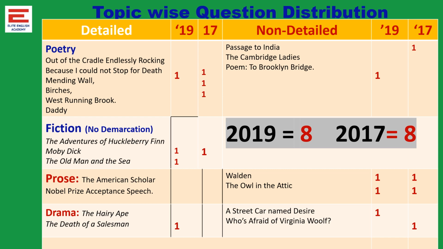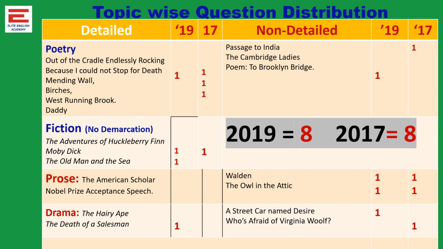In drama, in 2019, there is one question in detail from Death of a Salesman, and in non-detail, A Streetcar Named Desire, there was another question. So if you take 2017, the distribution is different. For example, in poetry, we have 3 from detail and 1 from non-detail.